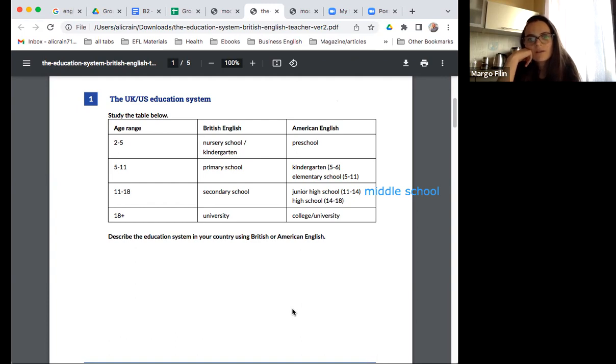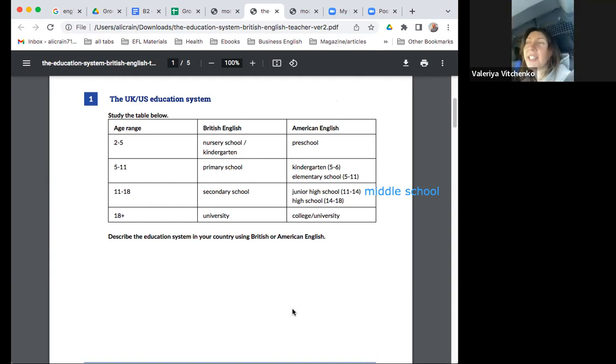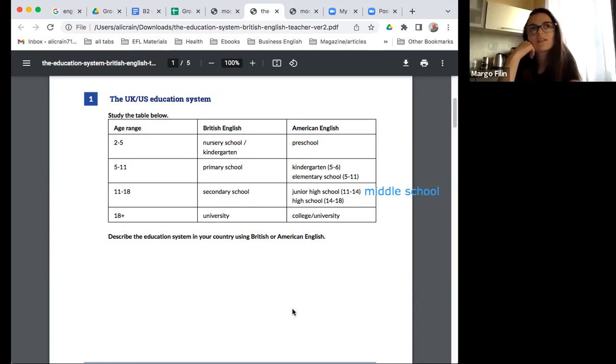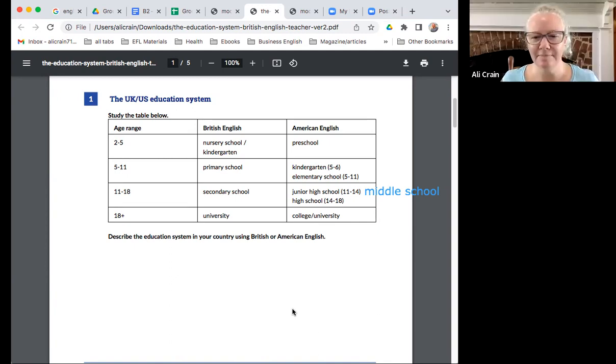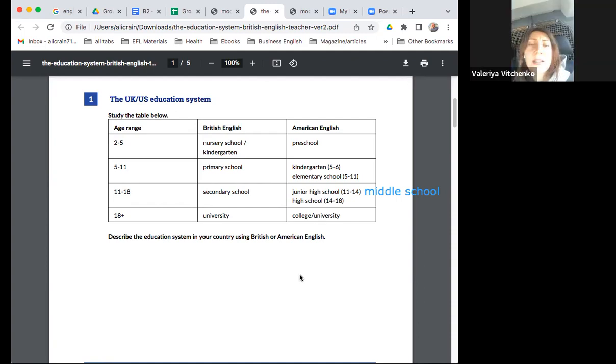At age 5 kids go to kindergarten, but at age 11 it's like school, like 5th class. I know it can be very confusing. But actually we have 12 years already, not 11, for now.